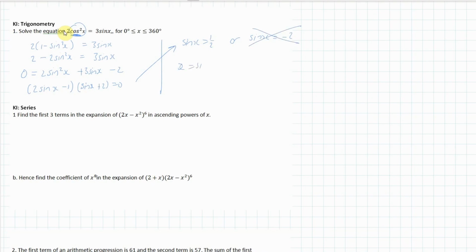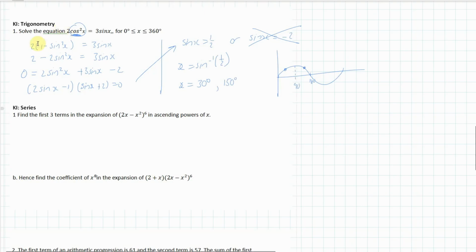So we get x equals the inverse sine of 1/2. And now, what do we get for that? Well, x is equal to 30 degrees. Now, since we're looking at values between 0 and 360, if I've got one at 30, and this is 90 here, this is 180 here, you know that we've got another one here, which is 180 minus 30, so it should be 150 degrees.